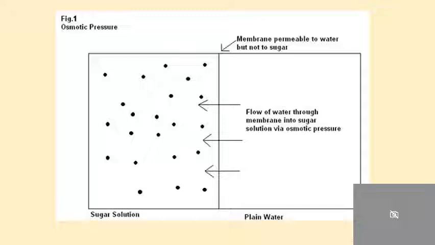So continuing with this diagram, we can now apply it to the situation in the kidney, where we have two fluids separated by a semi-permeable membrane. We're going to call this blood, and this blood is inside the glomerular capillary. We're going to call this filtrate, and this filtrate is inside the glomerular capsule, or in Bowman's space.